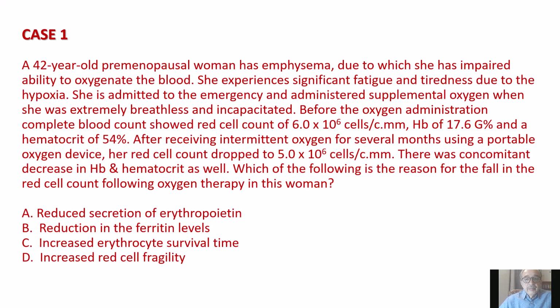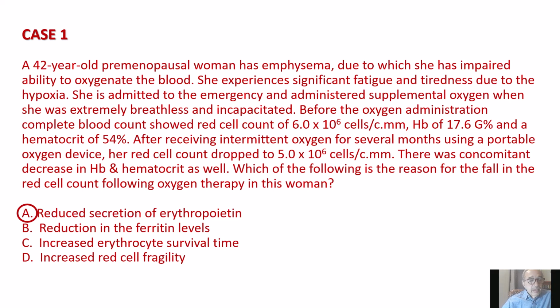Erythropoietin secretion will increase RBC count acting on the bone marrow stem cells. So now what has happened is the hypoxia is relieved. The stimulation to the kidney must be less. So erythropoietin secretion has reduced. So high count has reduced to normal count. So it must be the reduced secretion of erythropoietin.